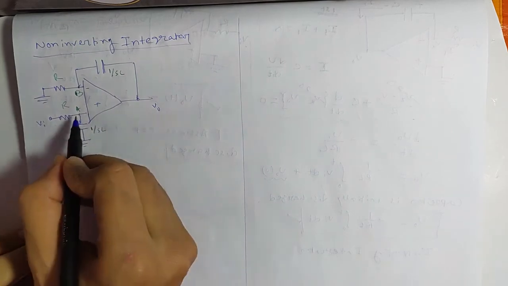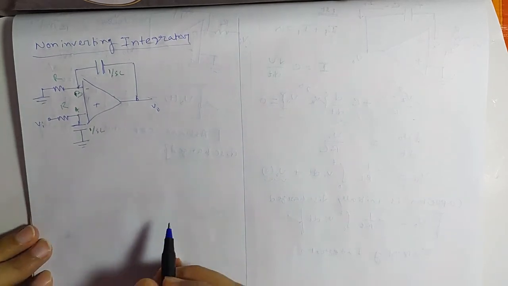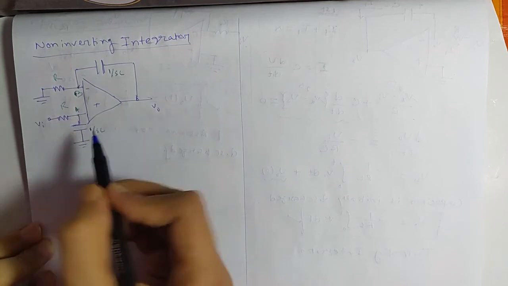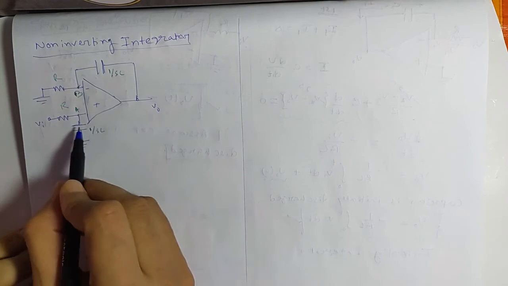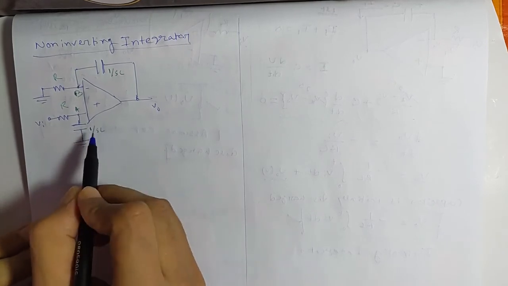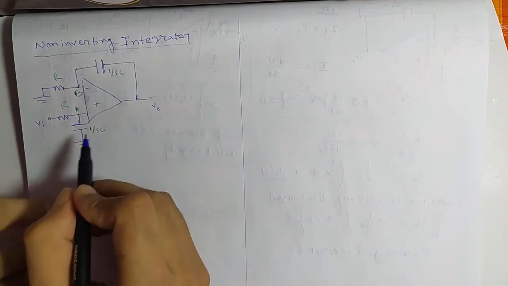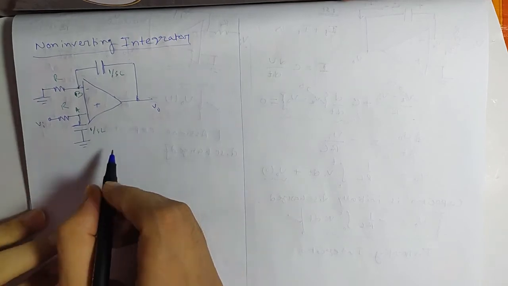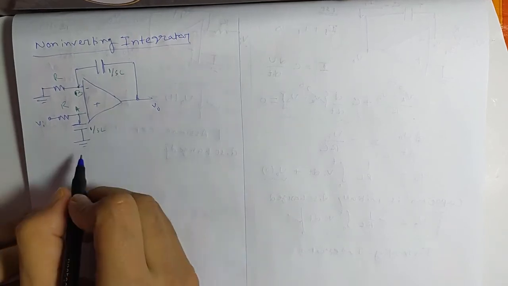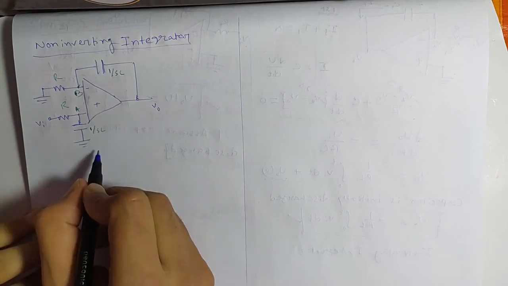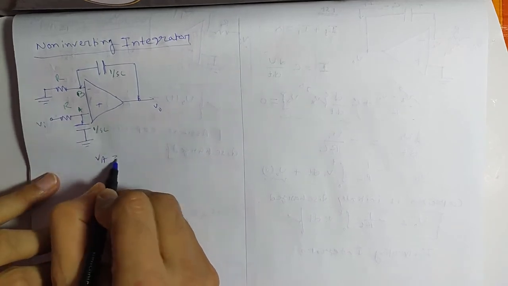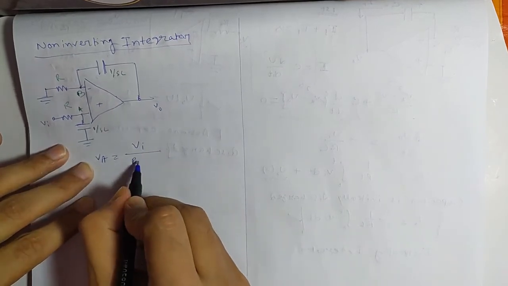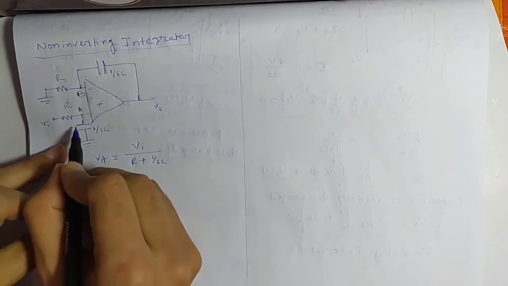Now see, first find the node A potential. You see that is a simple potential divider, because we are assuming the capacitor impedance is 1 by SC in the Laplace domain, and you have R. So this node A potential VA equals VI by the total impedance R plus 1 by SC, into, so that will be the current.